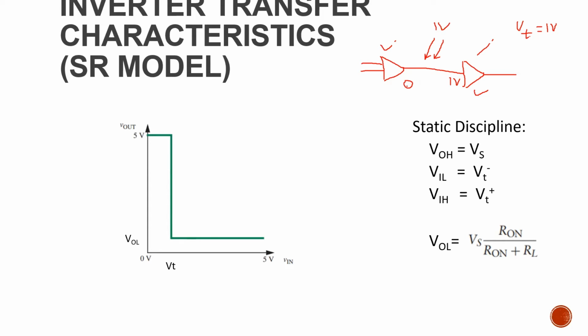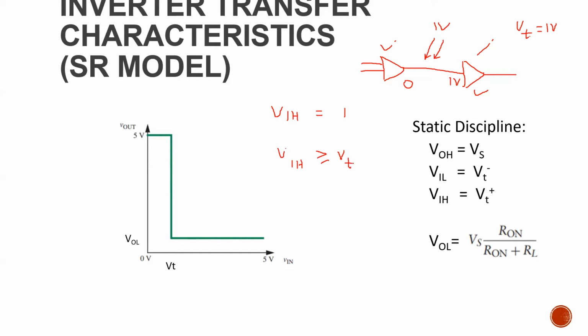In the same way, for VIH, which represents logic 1, it could be any value, but it must be greater than or equal to VT, because then only the device becomes on, isn't it?